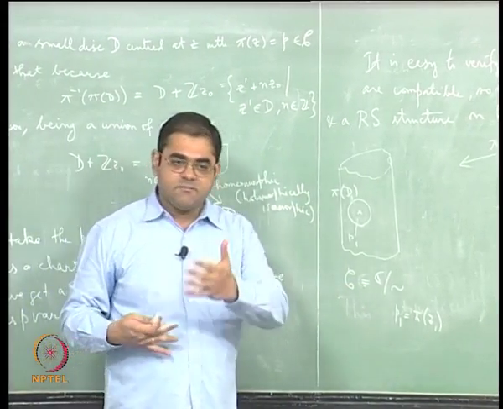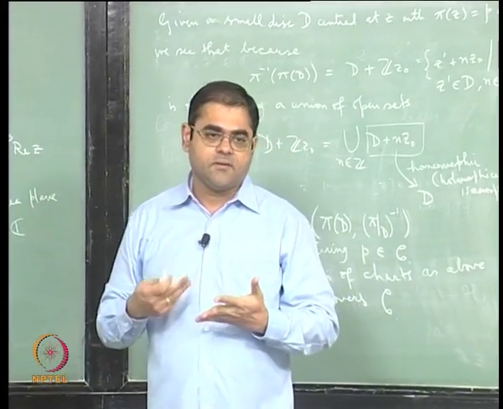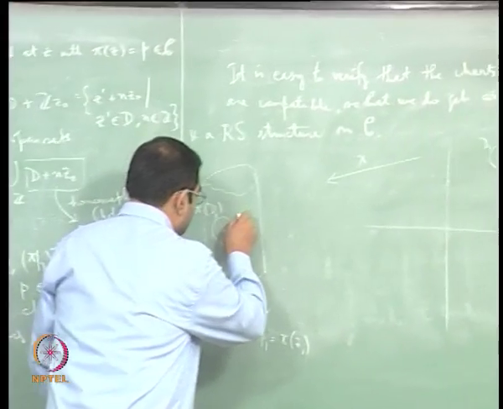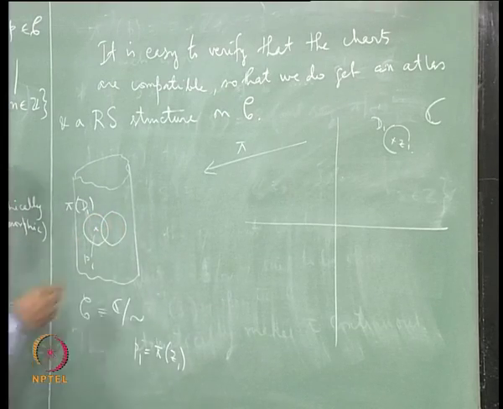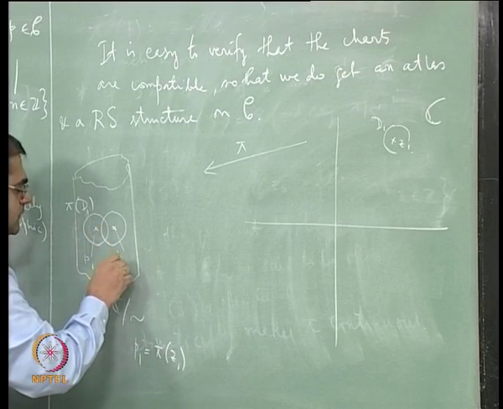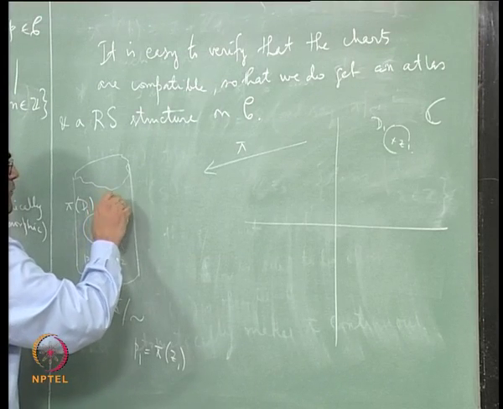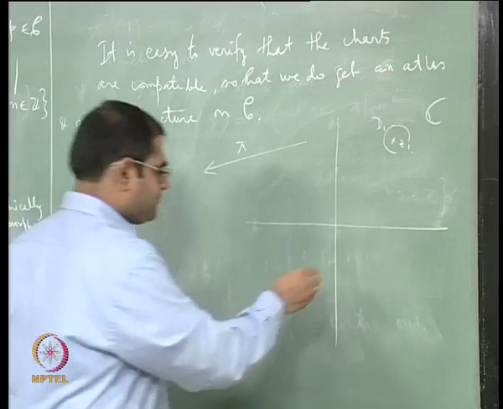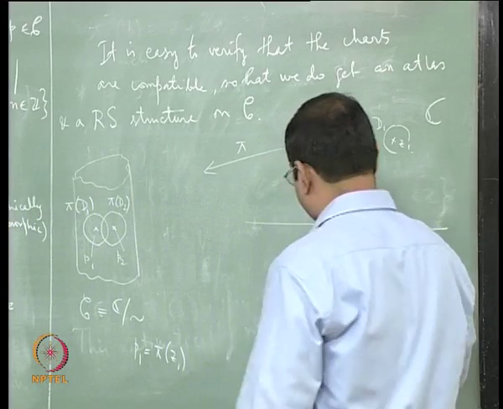I will have to say that whenever two charts intersect, the transition function is holomorphic. So take another such chart, which is going to be centered at some other point P2, and this is going to be just pi of D2, where P2 is the image of a point Z2 here.